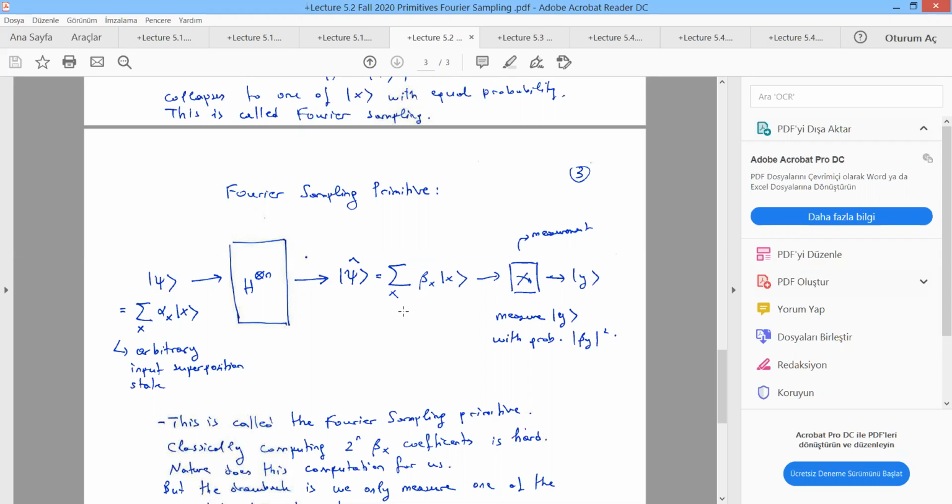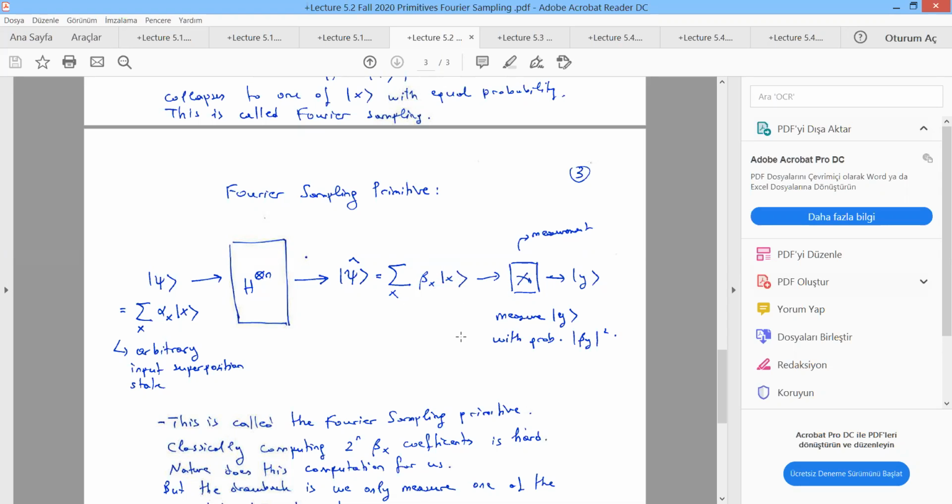In the output, we make a measurement. But when we make a measurement, we measure one of these eigenstates, as usual, according to the measurement postulates. With probability beta sub x square, we measure one of the possible output states out of 2 to the n states.